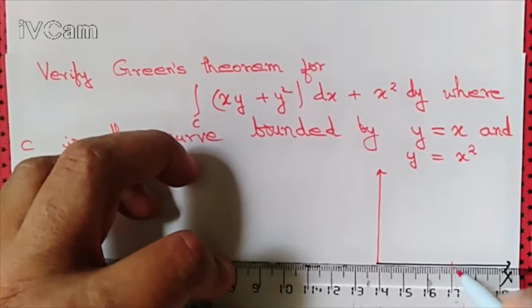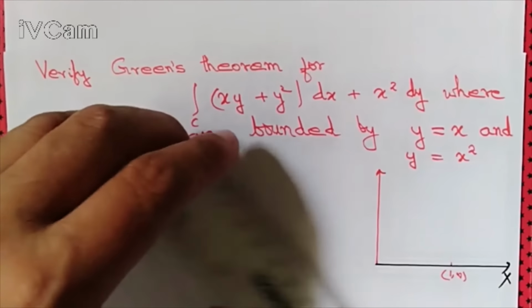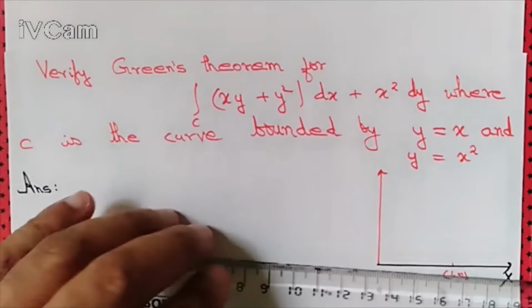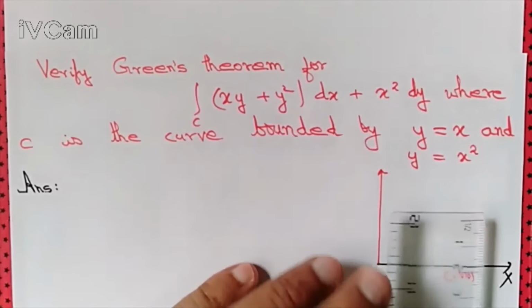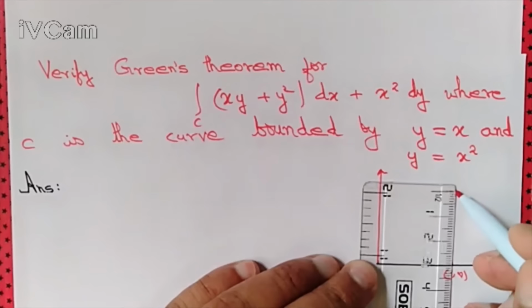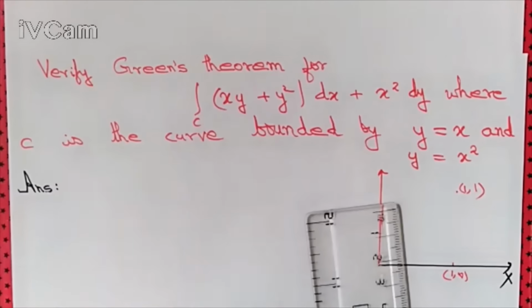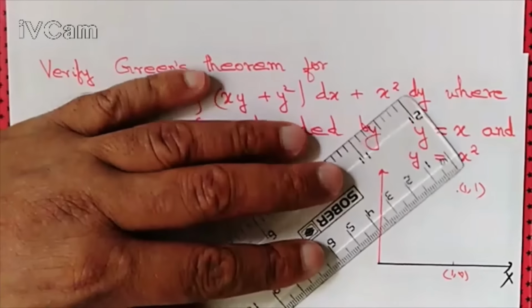Say this is the point 1, 0. Then when you take x equal to 1, y is also 1. So this is the point 1, 1. Let's draw the line y equal to x.